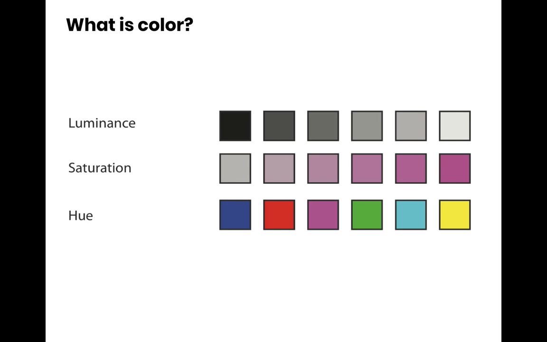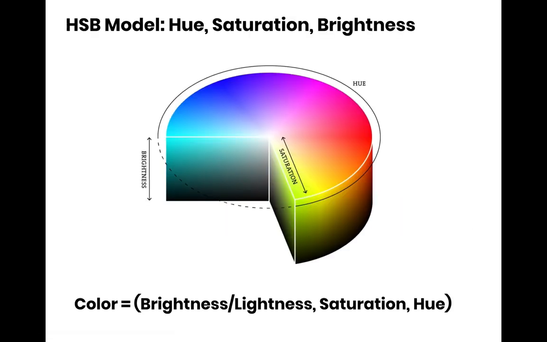Now, taking these three characteristics, luminance, saturation, and hue, into one model, into one specific understanding of color, we can create color spaces. The most common color space for data visualization is probably the HSB model, which stands for hue, saturation, and brightness, and has exactly these three values in one model.